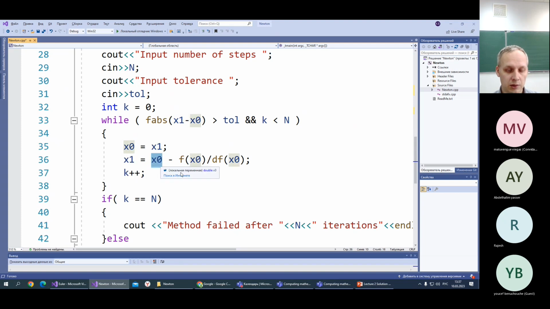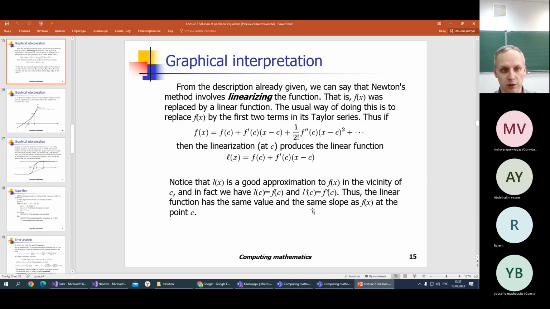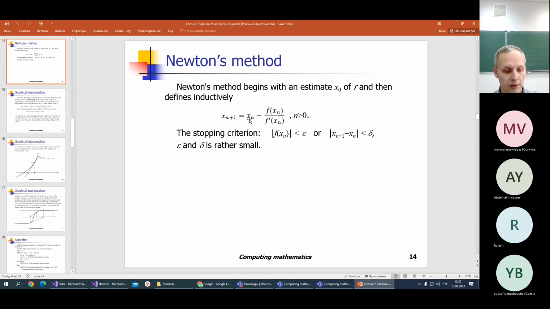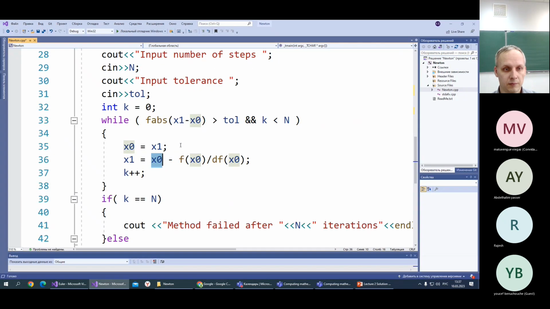We update x1 using Newton's method: x minus f of x over f prime of x, x0 minus f of x0 over df of x0.